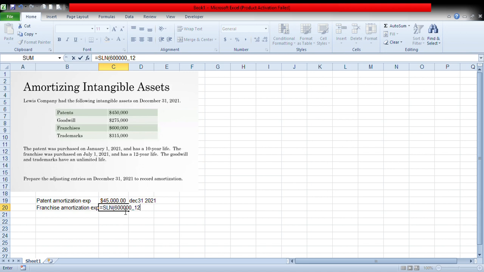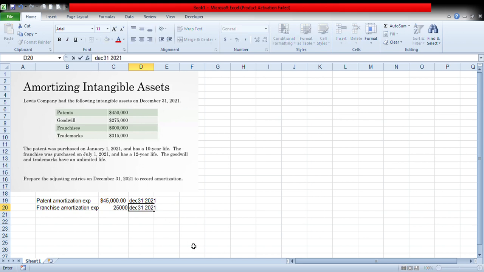So instead of applying the formula, we are just calculating directly: franchise 6 lakh divided by 12 years. Then we multiply by 6 months, so multiply by 6, divide by 12. So we will calculate the 6 months of amortization until December 31st, 2021.